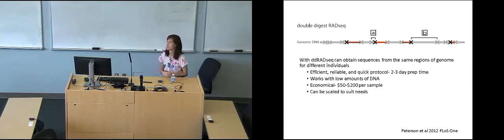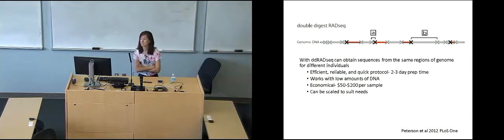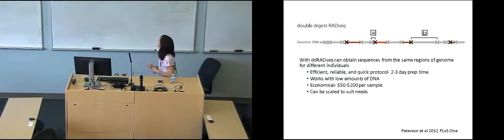So the method we've decided to use is called dd-RADseq, or double digest RADseq. It's a reduced representation amplification method that uses restriction enzymes to cut the DNA at conserved sites across the genome.